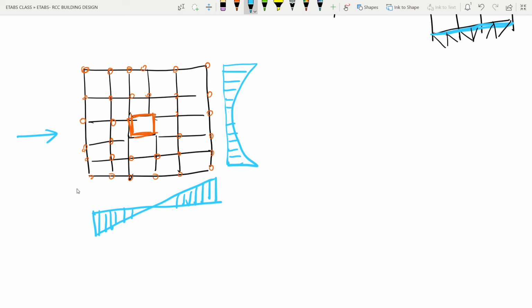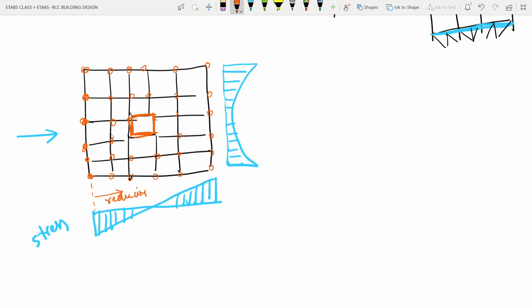So now what is the problem? You are seeing this is the stress diagram that I have drawn. Can you tell me what is the problem? The problem is, if you see that these columns at the very outer corner of the building are having higher stresses, and when you are going inside, the stress keeps on reducing.